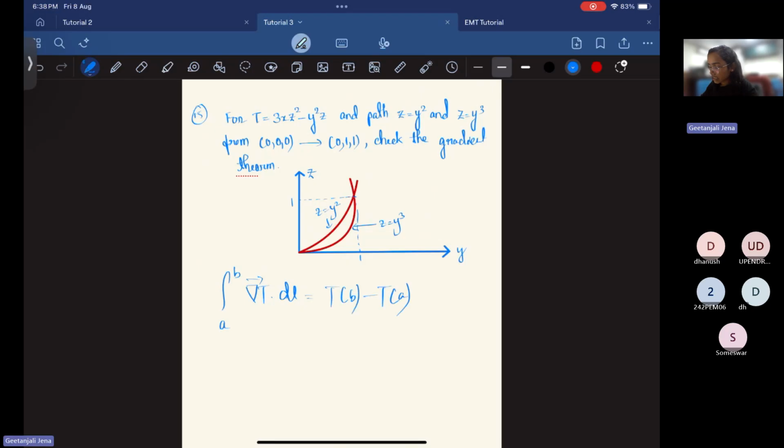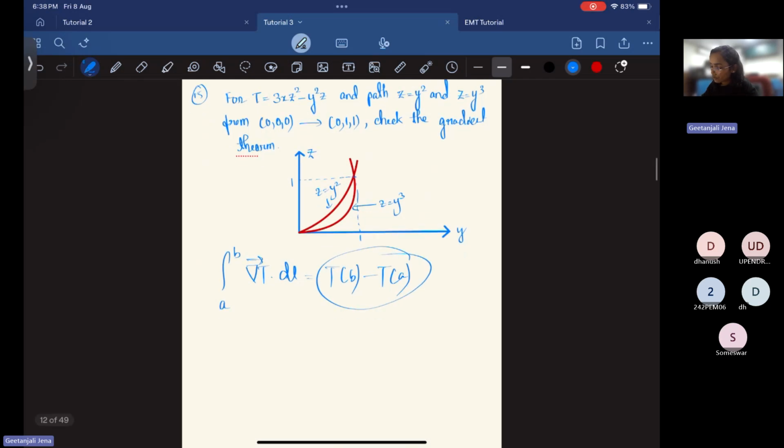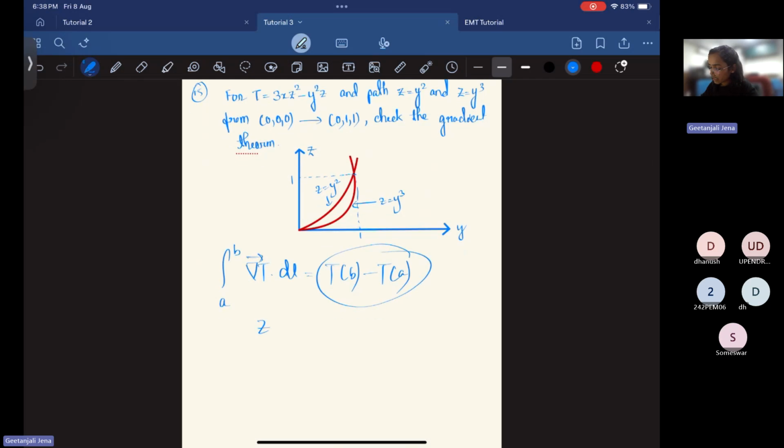If you have a function T whose gradient we know, then if you take the integration along a path, this will give Tb minus Ta. And we have two paths, one is z equal to y square and one is z equal to y cube. And we have a function T is 3xz square minus y square z.